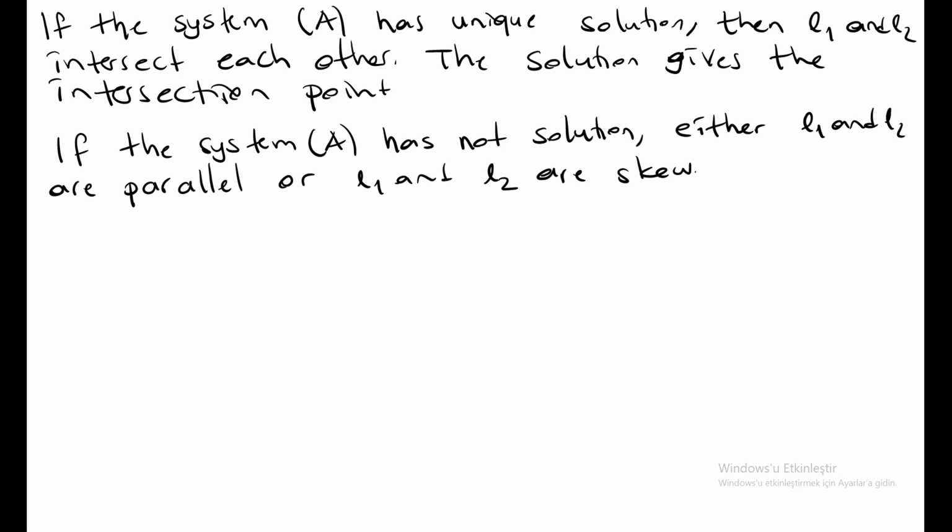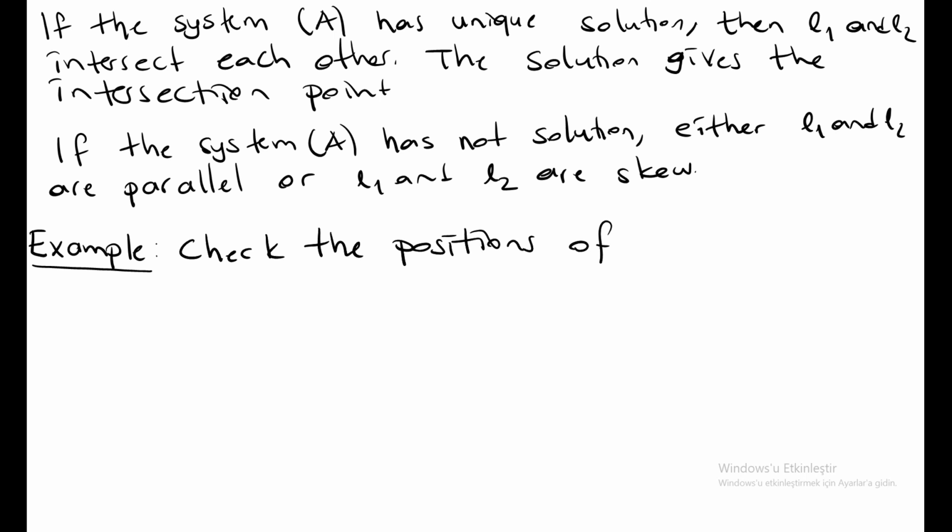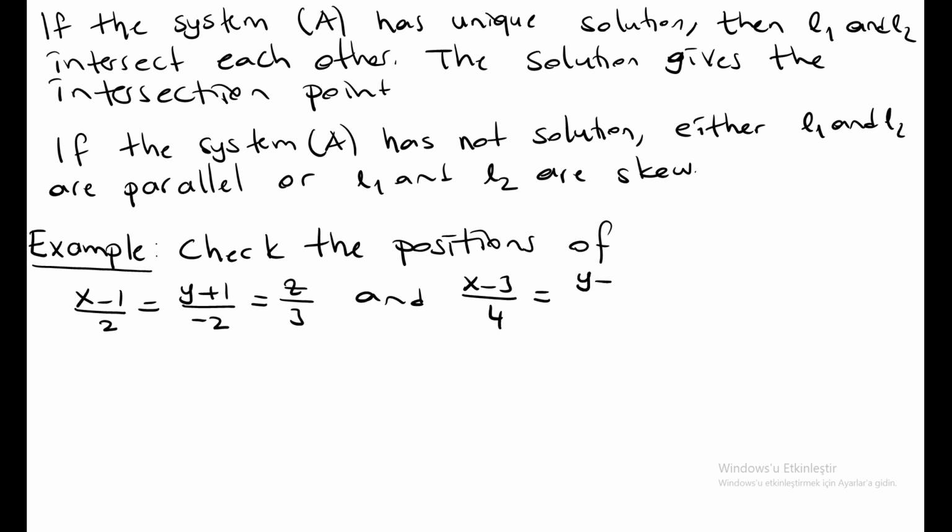Okay, let me give an example. Check the positions of (x−1)/2, (y+1)/(−3), 2, and z/3, and the other line, (x−3)/4 = (y+1)/5 and (z−3)/2.